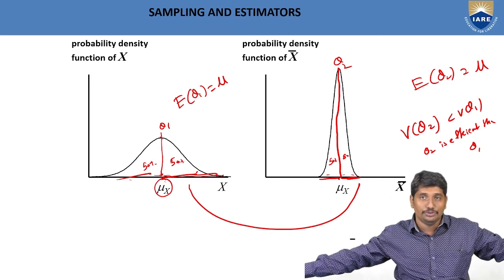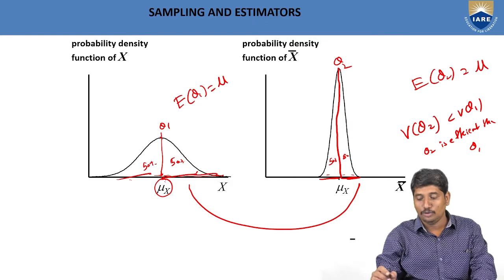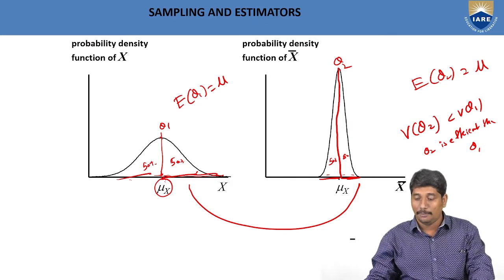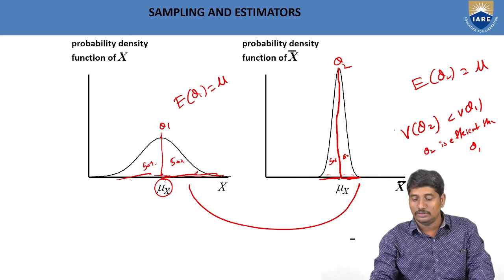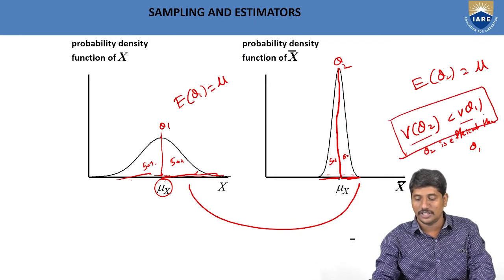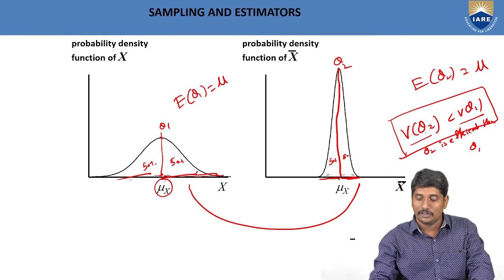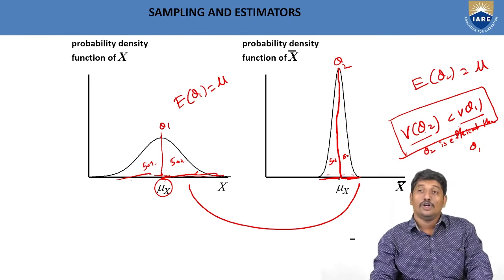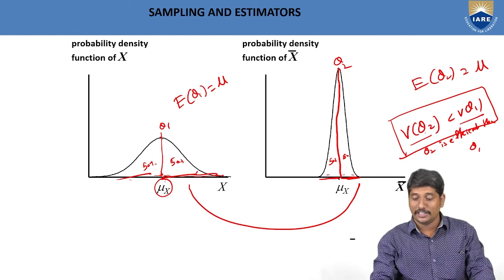Mathematically, if variance of theta 2 is less than variance of theta 1, where theta 1 and theta 2 are both unbiased, then to say which is better we take the help of variance.